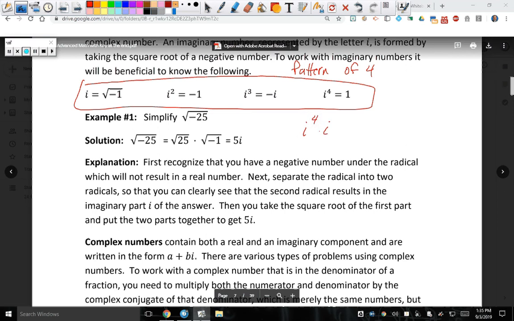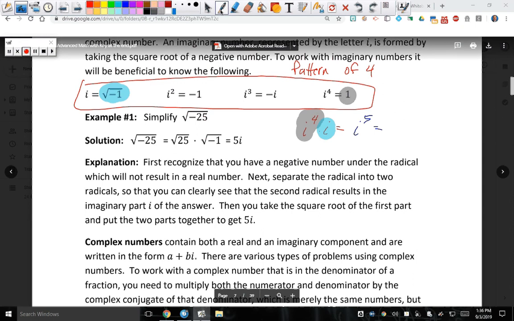Because here we go. I to the 4th times I is I to the what? 5th. I to the 4th times I is I to the 5th, because you added their powers, right? Now, you tell me, what is I to the 4th equal? 1. And I is this.